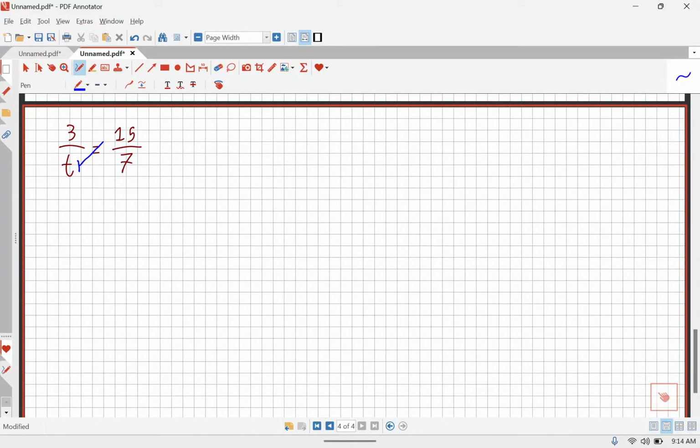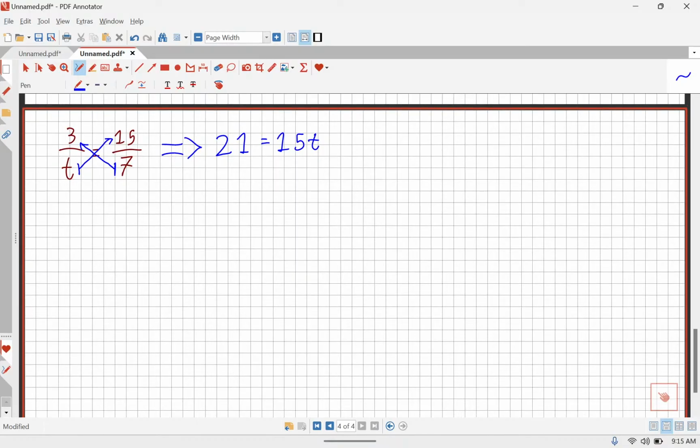If you take this t, you can multiply it by that 15. And if you take this 7, you can multiply it by that 3. And it creates this equivalent expression of 7 times 3, which is 21, equals 15 times t, which is just 15t. Did you guys see what I did there? I did 7 times 3, that's my new left side.